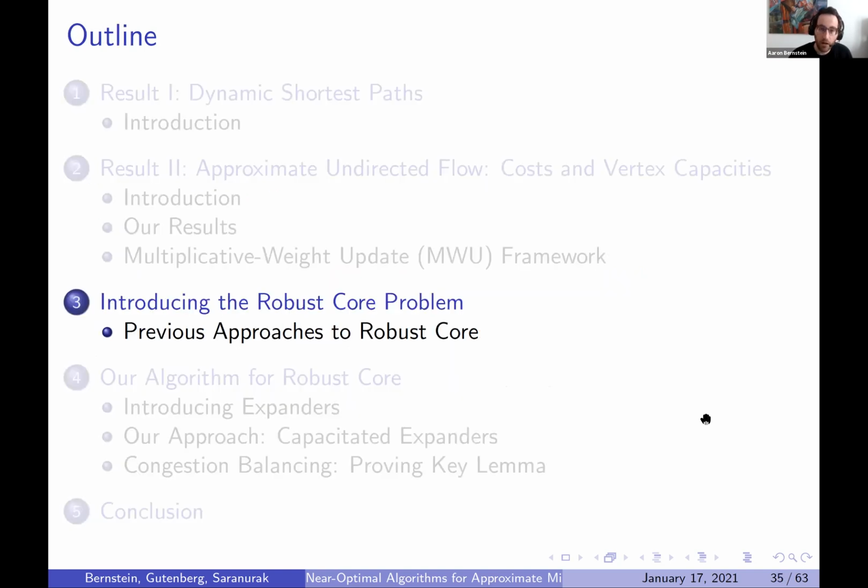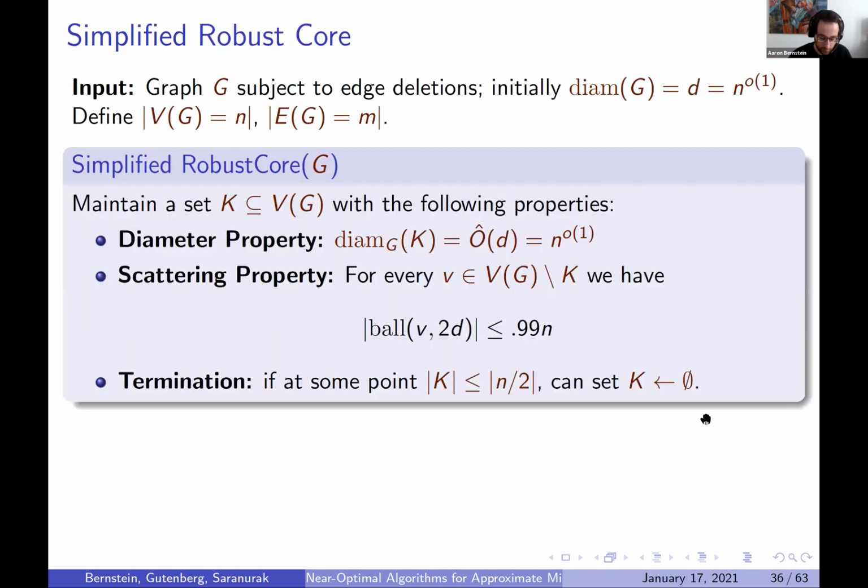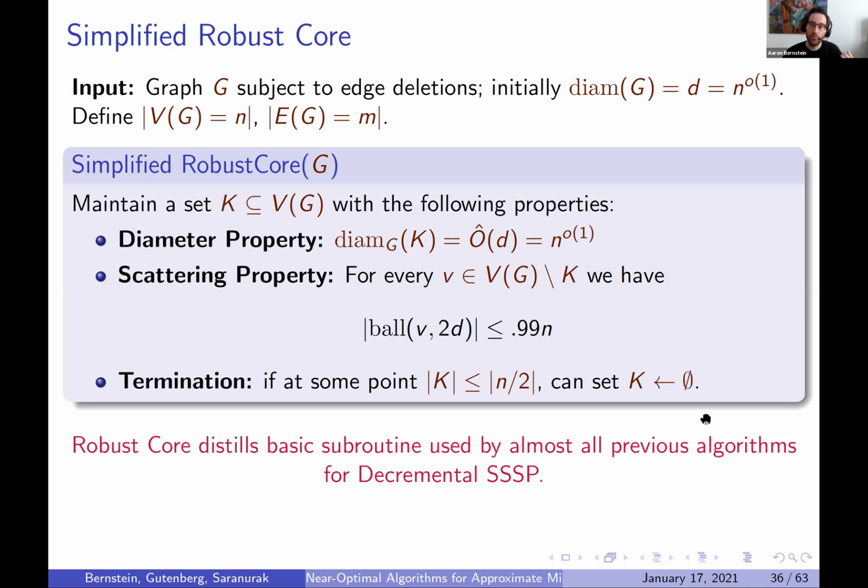Okay, so let me briefly talk about previous approaches to this problem. So again, this is how we define the robust core problem. And the key thing I want to say is this is not just a subroutine particular to our algorithm. As I was trying to point out, basically all the existing algorithms, because they need to maintain low diameter sets, they all need to use something like this.